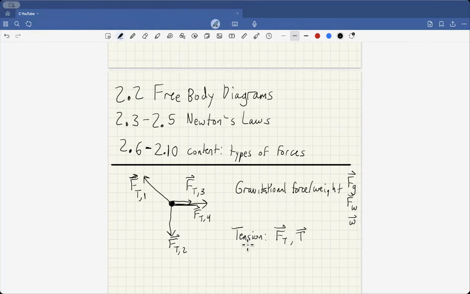Right. And I guess I should also maybe talk about what causes all of these forces, and what direction they're going to be pointing. Gravitational force is caused by the Earth, and it always points to the center of the Earth. And there's actually two equations that we could have for gravitational force.